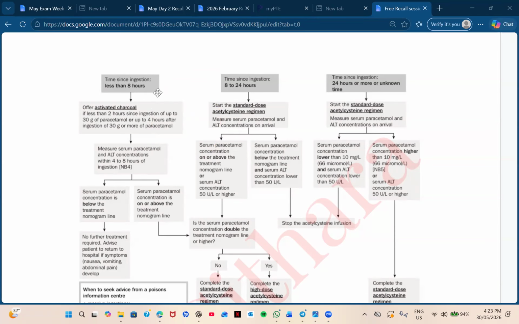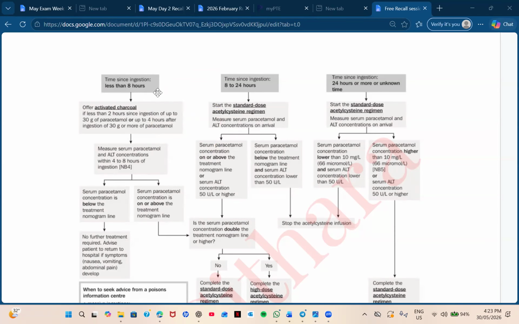So what does that mean? If the patient is less than 8 hours, you need to consider one more thing: when to go with activated charcoal. For activated charcoal you have two indications, less than 2 hours and less than 4 hours, depending on the amount of ingested paracetamol.